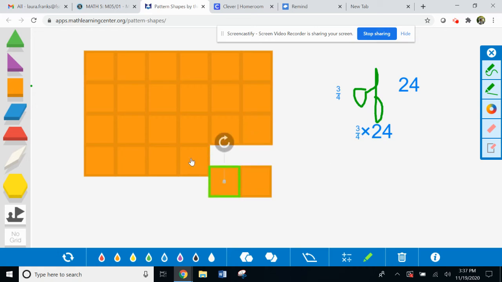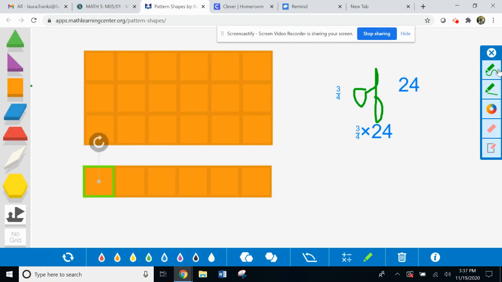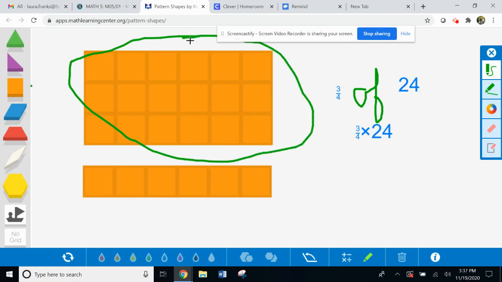Well, if I separate this bottom row, that leaves my 3 rows up here. That would be 3 of the 4 that I need. So 3/4 of 24 would be 1, 2, 3 rows with 6 in each row. So 3 times 6 is 18.